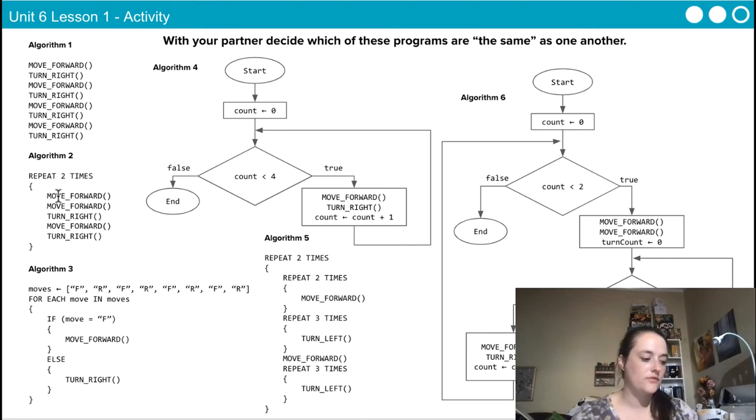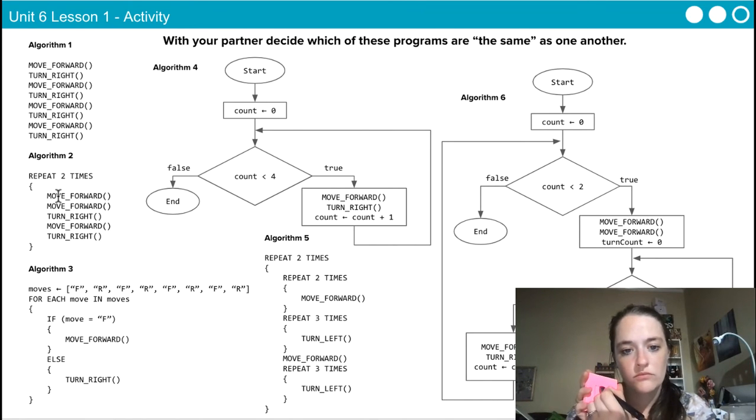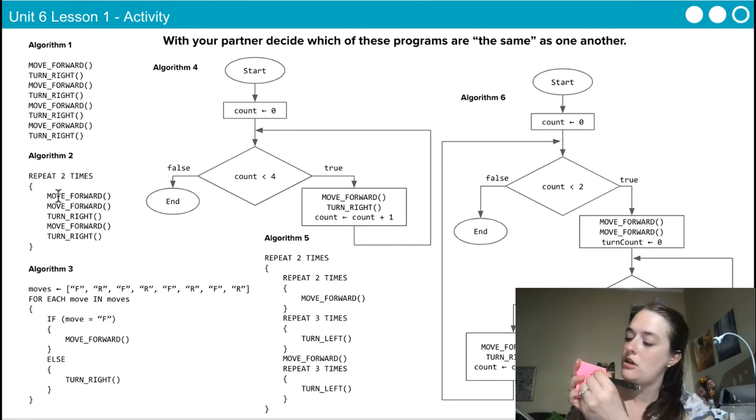So if I were to do this just on paper, I would say move forward, turn right, move forward, turn right, move forward, turn right, move forward. So we're moving forward 2 times here and only 1 time here.